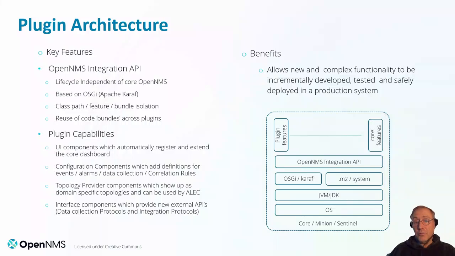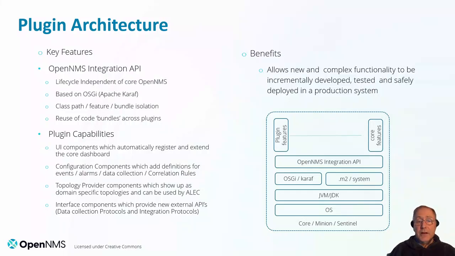So you can write your own plugins, or there are various plugins that have been written by third parties that can fit into OpenNMS, and will use the OpenNMS integration and API to get access to the underlying system within OpenNMS. Now, the plugins themselves can provide new UI components. They can provide new configurations for monitoring new types of network, and they can provide new ways of integrating.